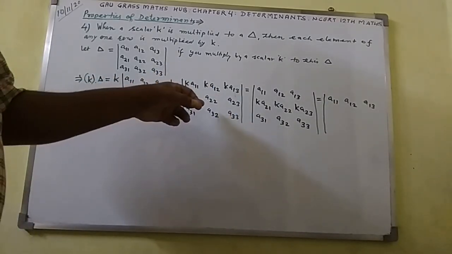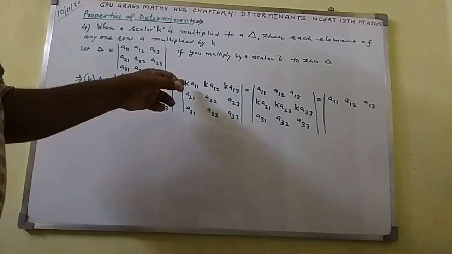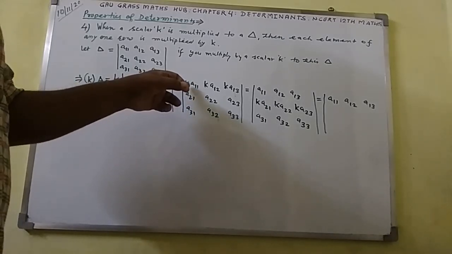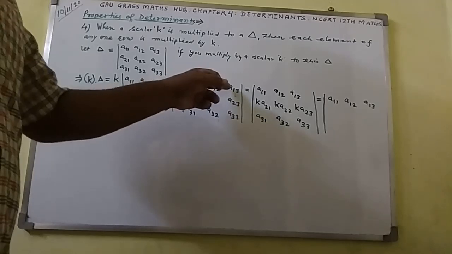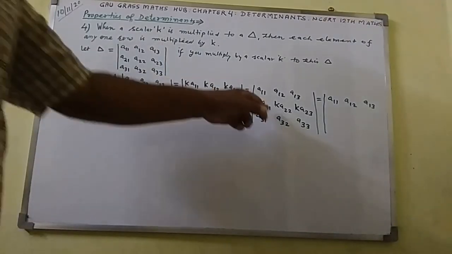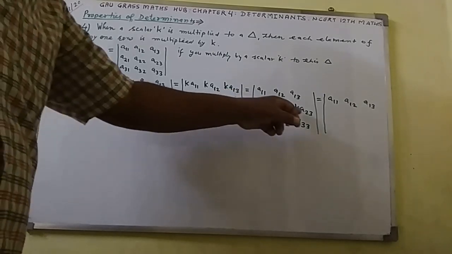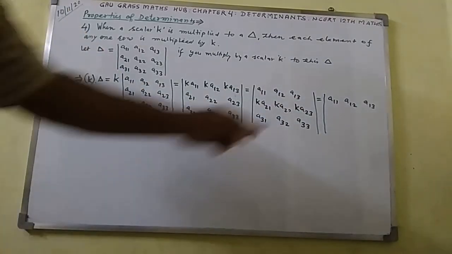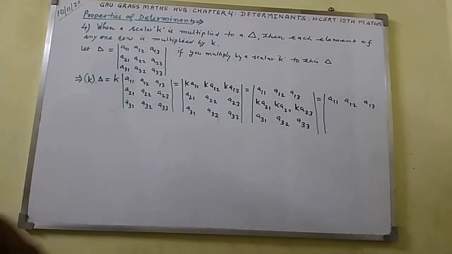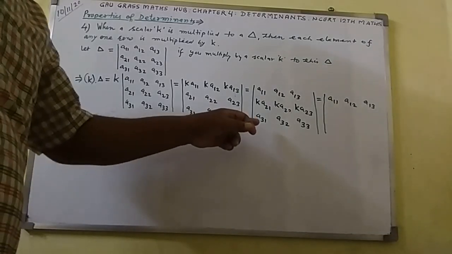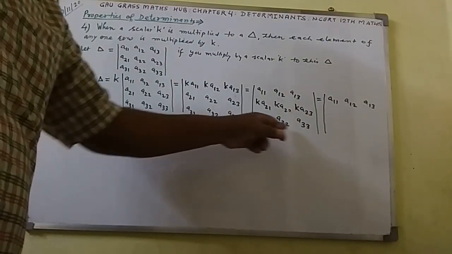In this determinant, the scalar k is multiplied to each element of first row. In this determinant, the scalar k is multiplied to each element of second row. And in this determinant, the scalar k will multiply to each element of third row here.